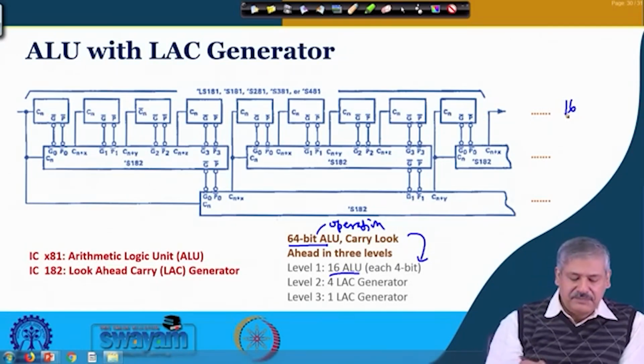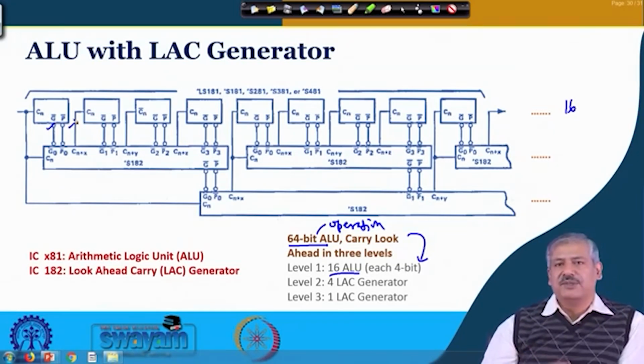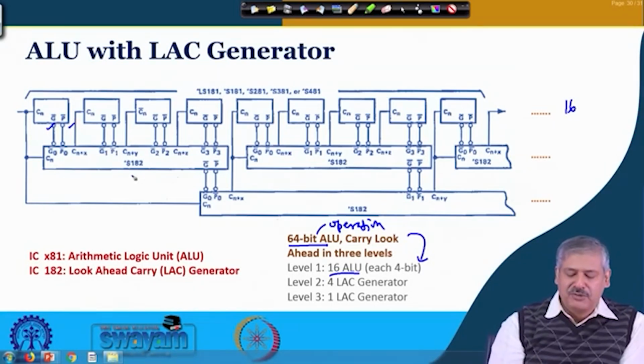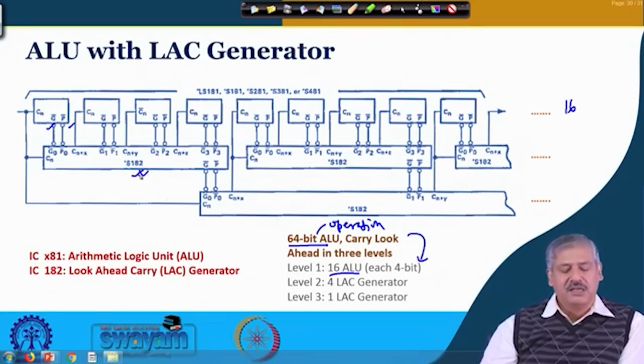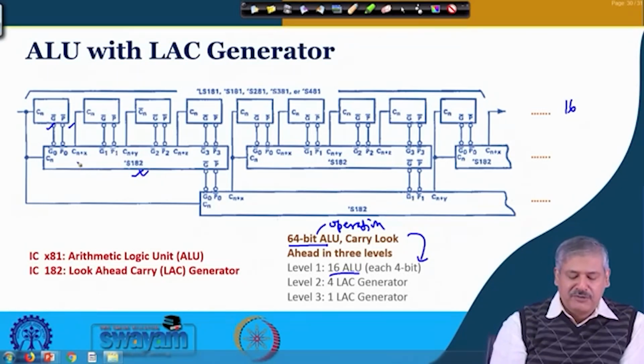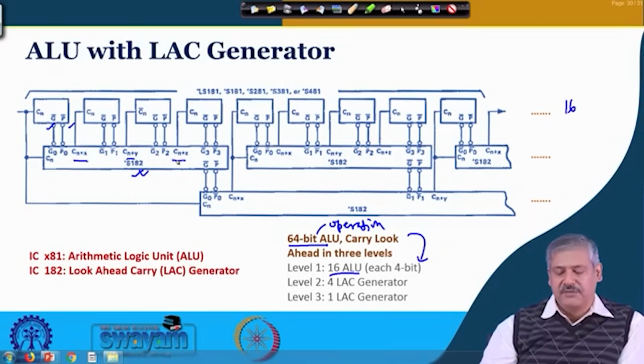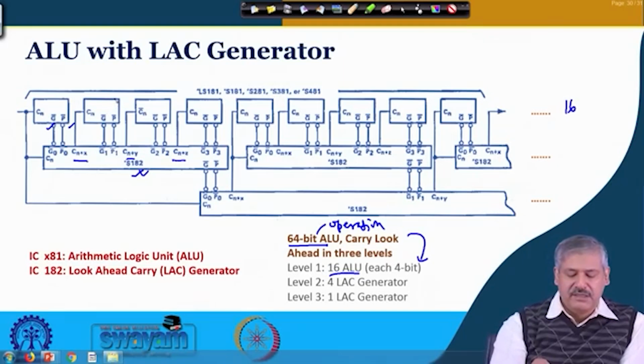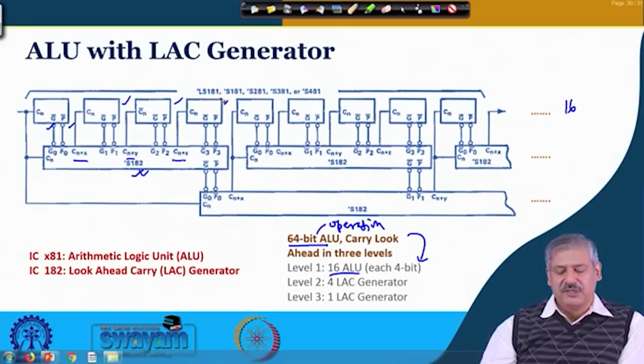And the G and P terms we had seen in the ALU, these are the terms that are there. So, 4 of them can go to one IC 74182, right, and this IC 74182 is generating Cn plus x, Cn plus y, these carries, so that is getting connected here for each one in the generation process, right. So, this we have seen in the previous case how 182 works, right.